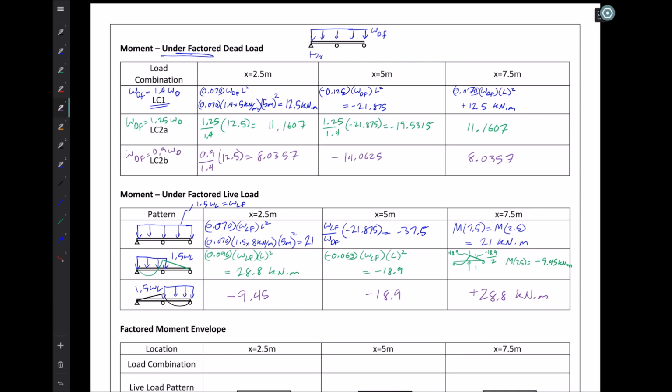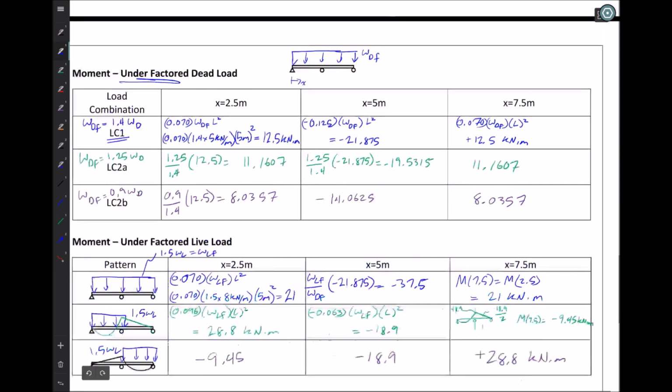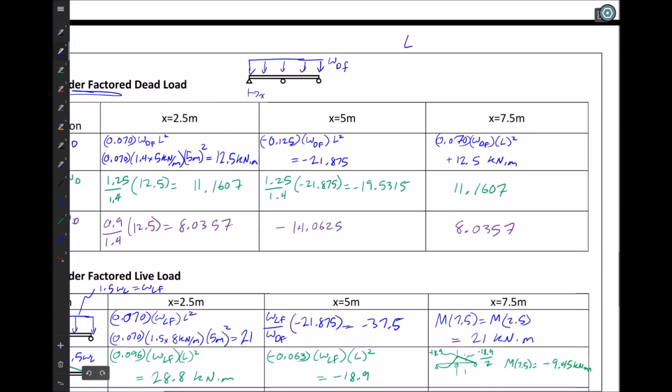So now we have to add them together according to our load combination. I'm going to rewrite the load combinations. Load combination 1 is equal to 1.4 W dead, our factored load. Load combination 2A would be 1.25 W dead plus 1.5 W live.